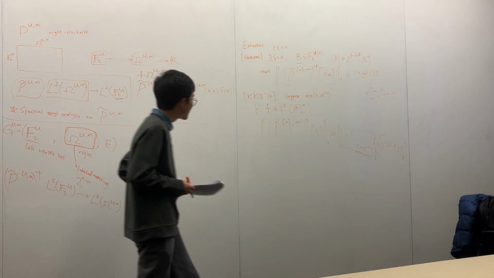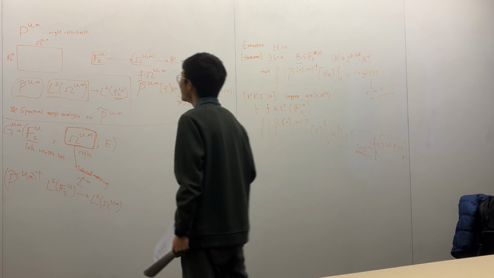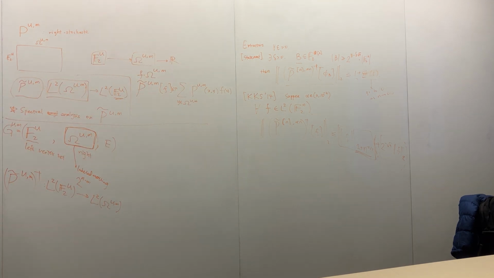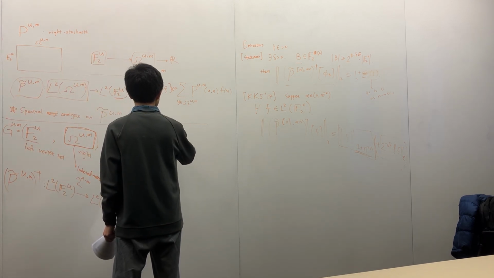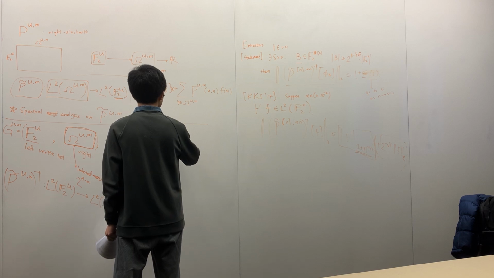So having talked all that much about this general relation between hypercontractivity, small set expansion, and extractors, let's revisit the yes distribution we have.